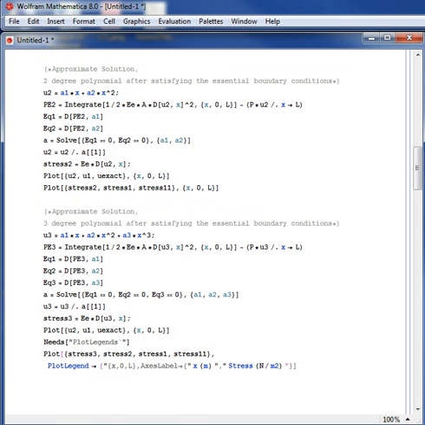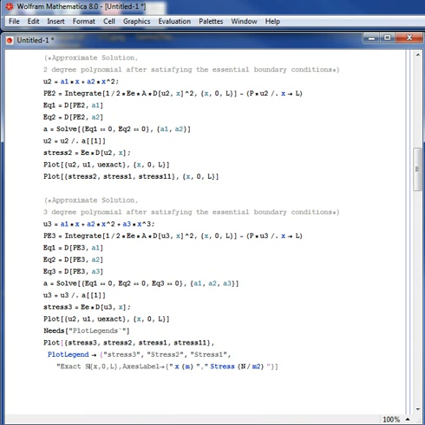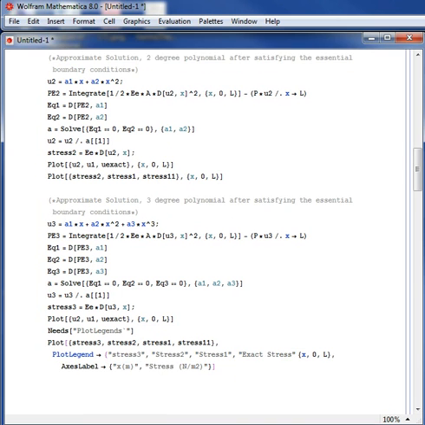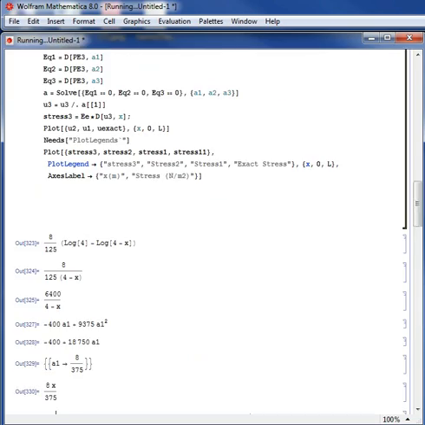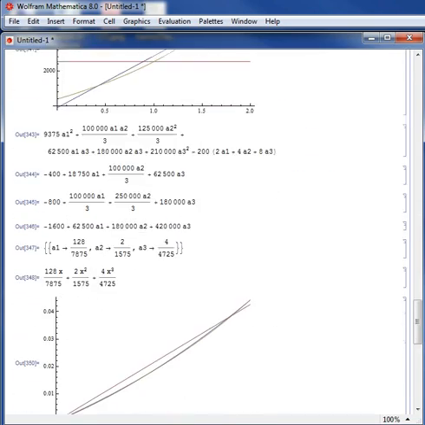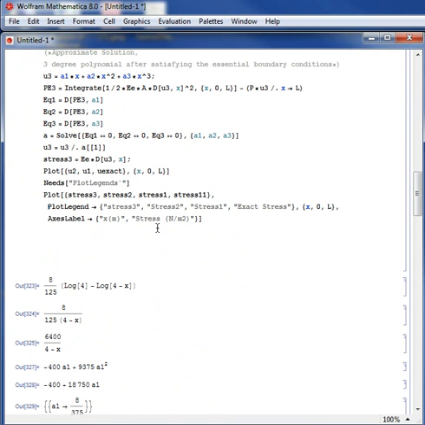The first is stress 3, the second is stress 2, stress 1, and exact stress. Perhaps the plot legend has to be at the end. I'm just going to copy plot legend.